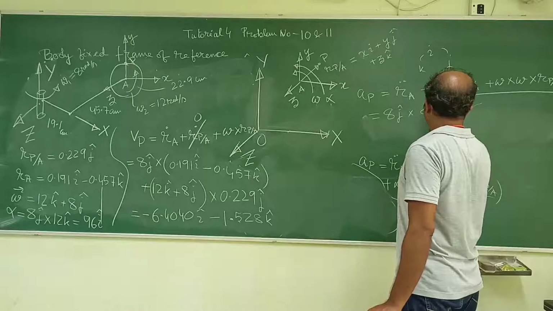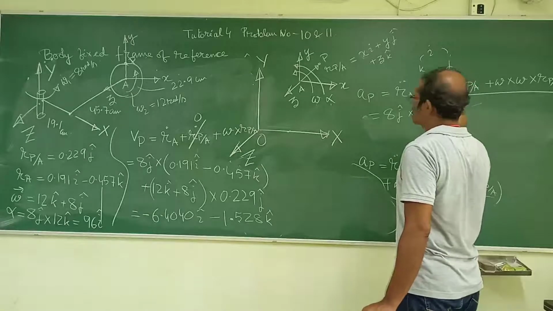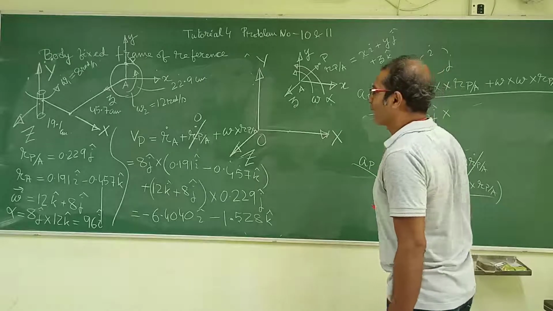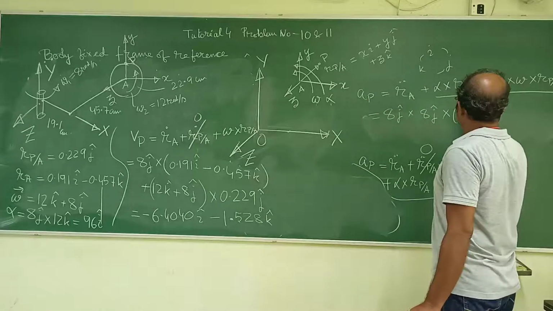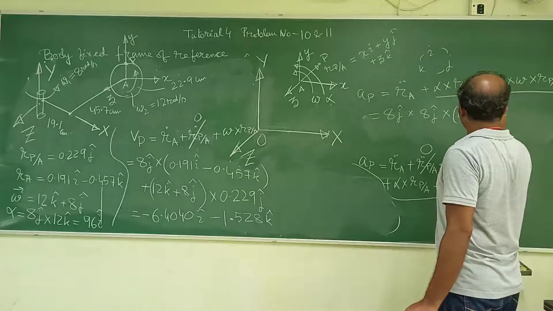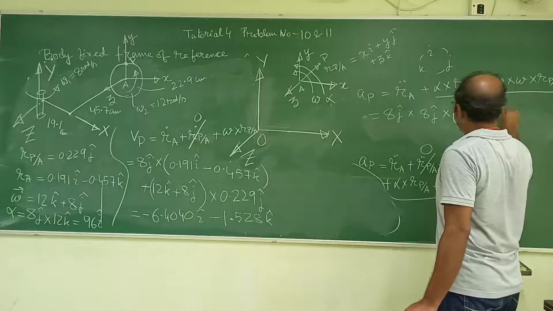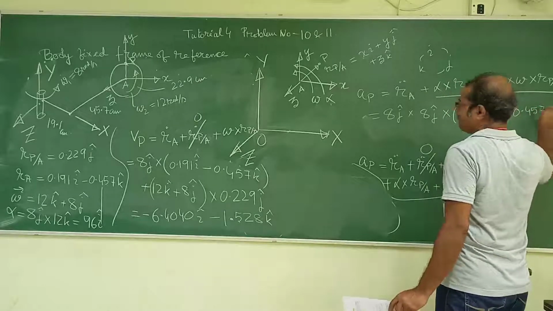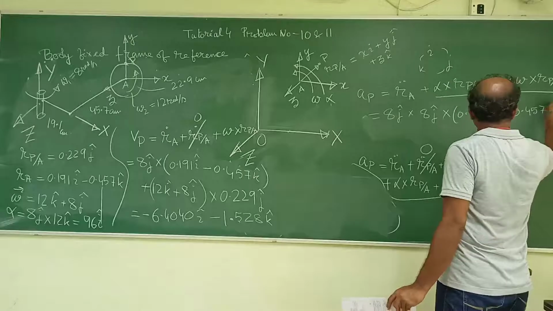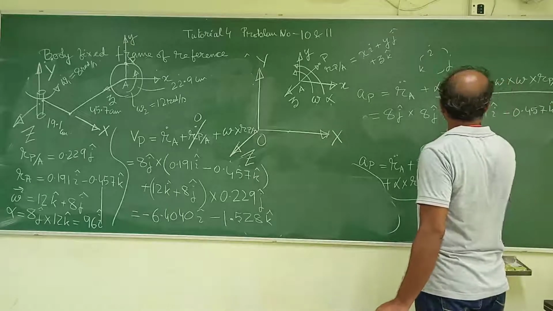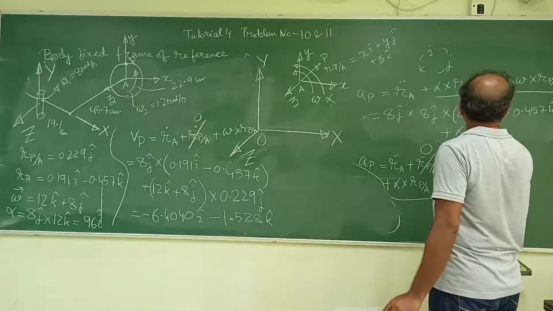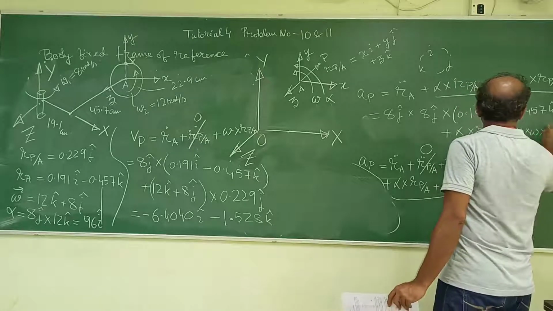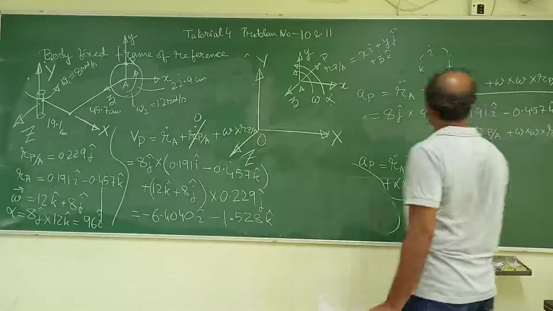cross 8J cross, yes, what is R_A? R_A is 0.191 I cap minus 0.457 K cap, plus alpha cross R_P/A plus omega cross omega cross R_P/A. This is what is going to be.